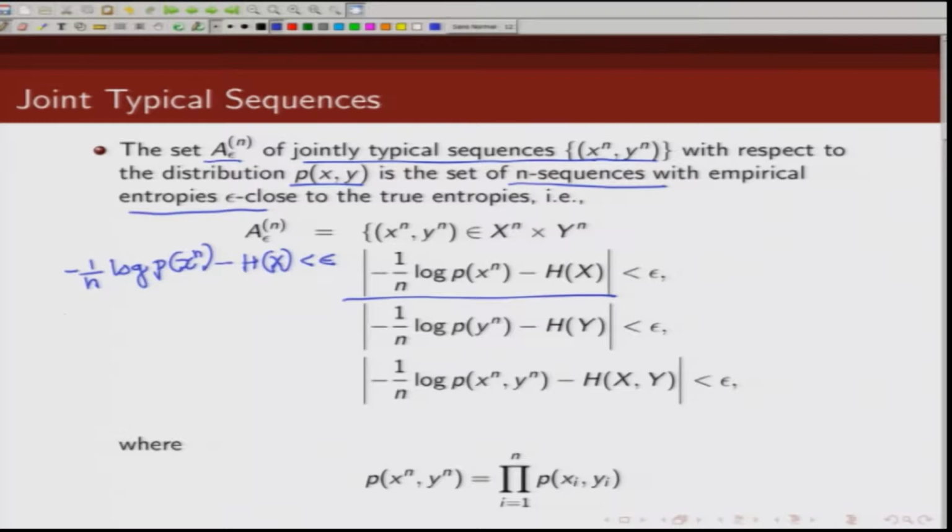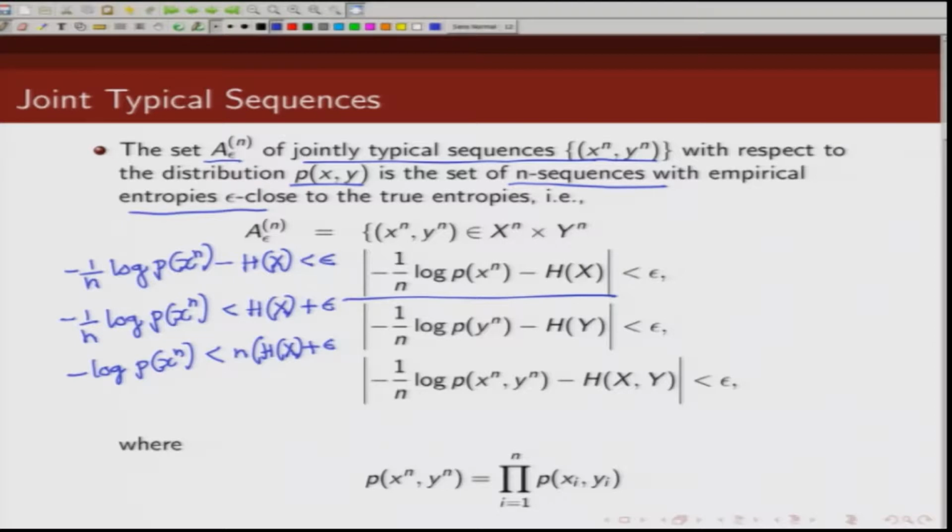So, from here we can write minus 1 by n log of P of x^n to be less than H of x plus epsilon, and minus log P of x^n is less than n times H of x plus epsilon, and if we multiply both sides by minus 1, we get log of P of x^n to be greater than minus n of H of x plus epsilon, or P of x^n is greater than 2 raised to power minus n H of x plus epsilon.